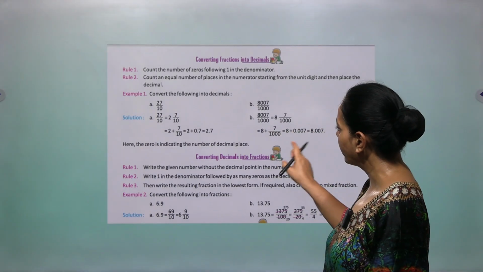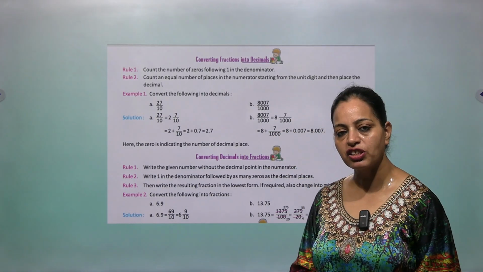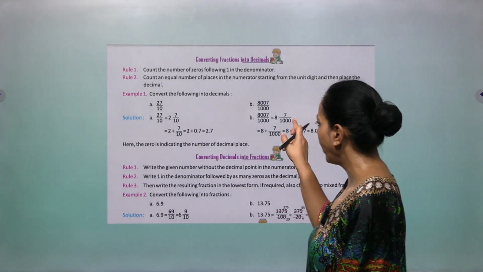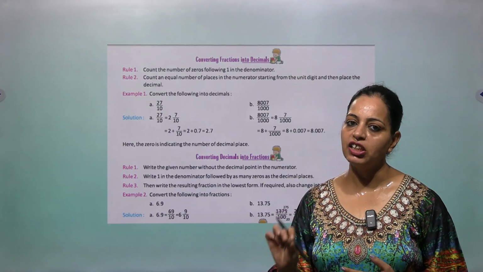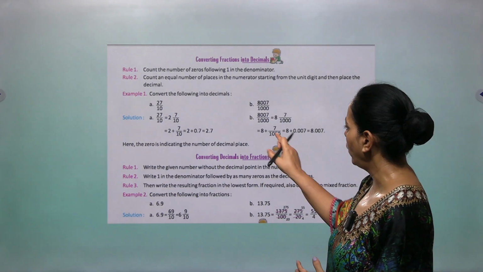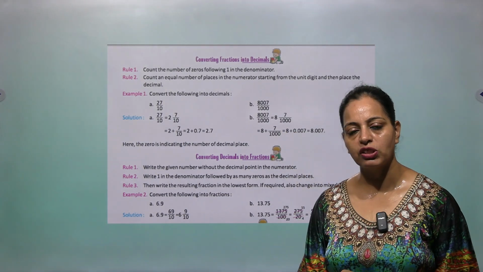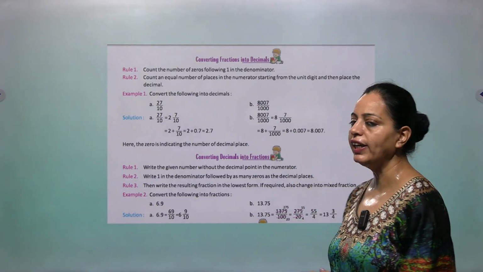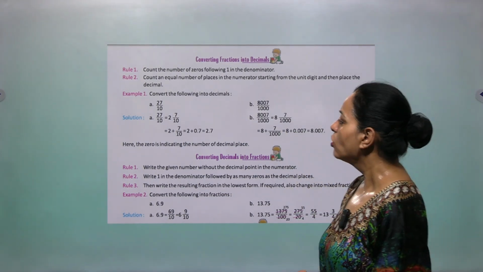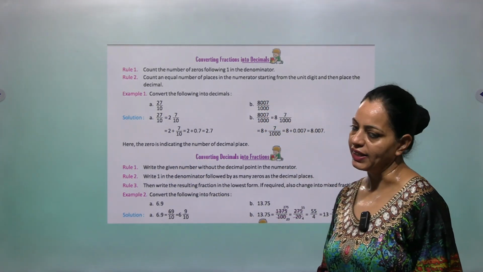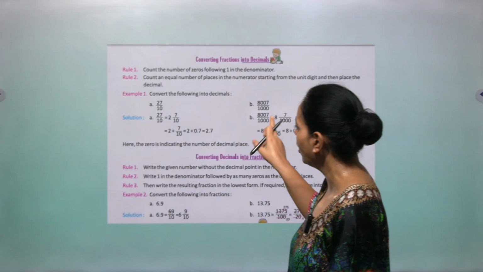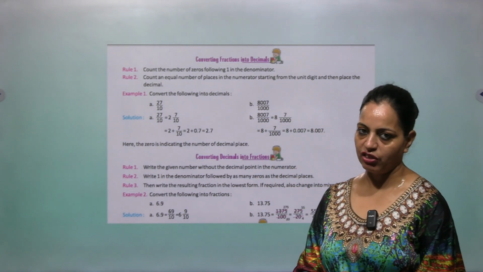So how have they done it? इन्होंने change किया है mixed fraction में 8 whole 7 by 1000 और 7 by 1000 क्या बन जाएगा? 0.007. So 8 plus 0.007 means 8.007. So here the zeros indicate the number of decimal places. So जितने zeros नीचे होंगे उतने decimal places आ जाएंगे, right?